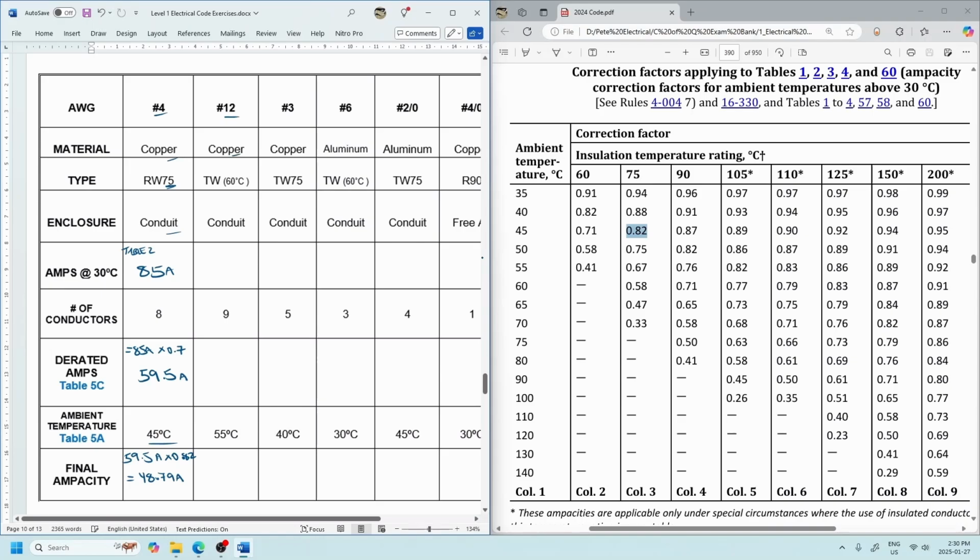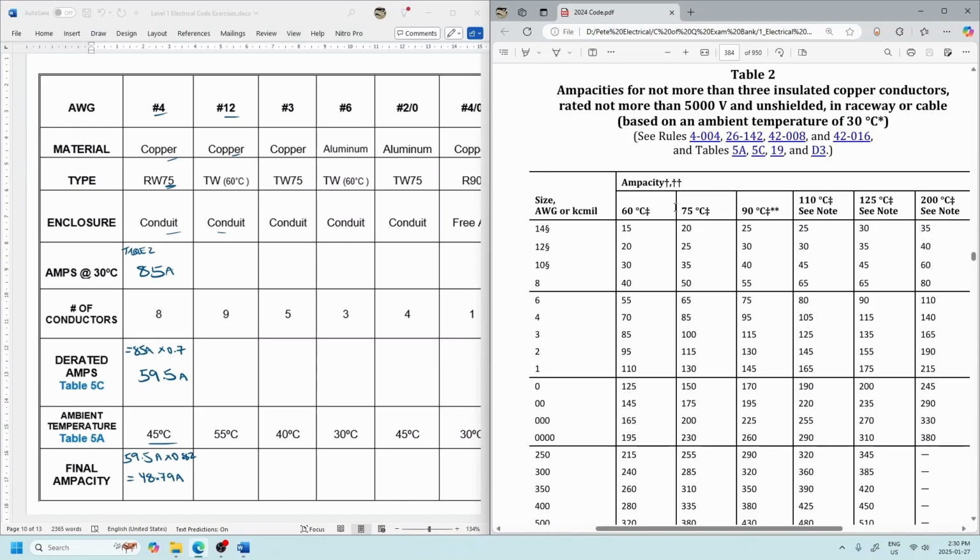We've got number 12 copper. They're also run in conduit, so we're back to table 2. In table 2, we're in the 60-degree column because we're looking at TW, and TW is good for 60 degrees. So number 12s in the 60-degree column are good for 20 amps. So base ampacity there is 20 amps.